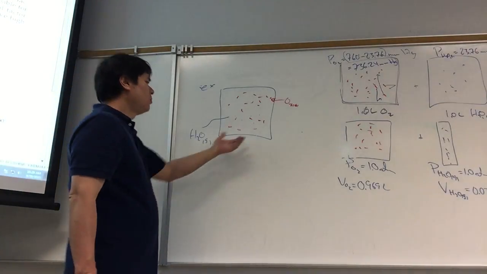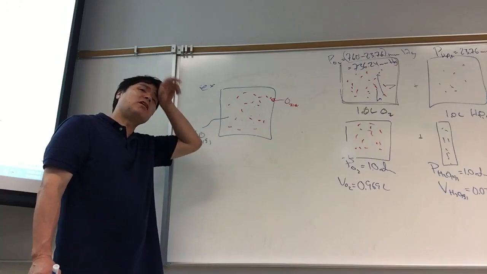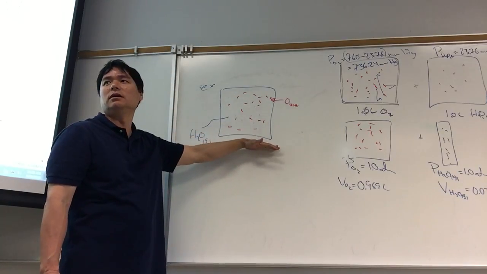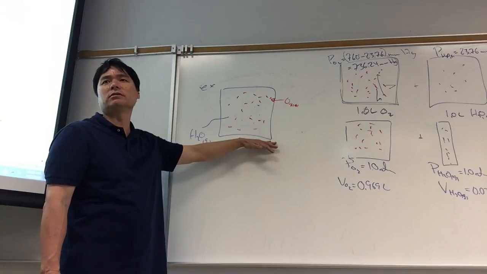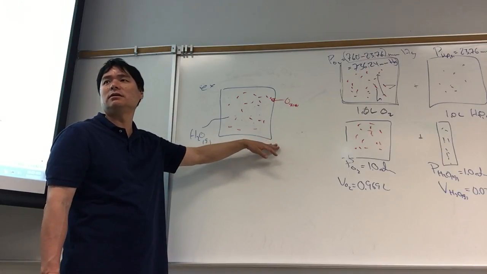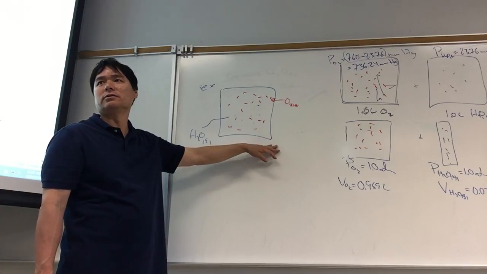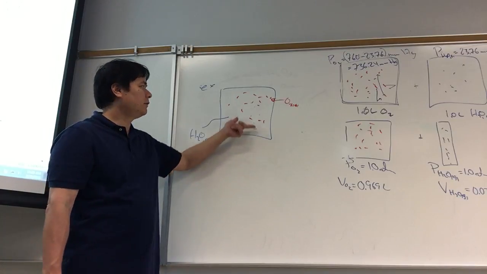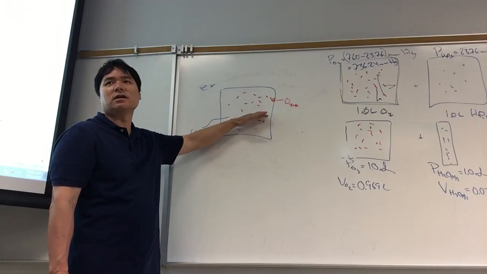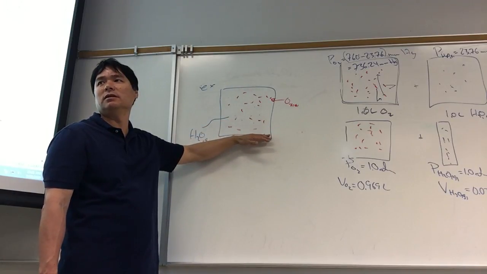let's say I had a mole of water vapor. A mole of water vapor, if I were to liquefy that into a liquid, a mole of water would be how many milliliters? A mole of water is 18 grams. 18 grams is 18 milliliters. And so if there's a mole of water vapor in here, that mole of water vapor actually does have a volume, 18 milliliters.